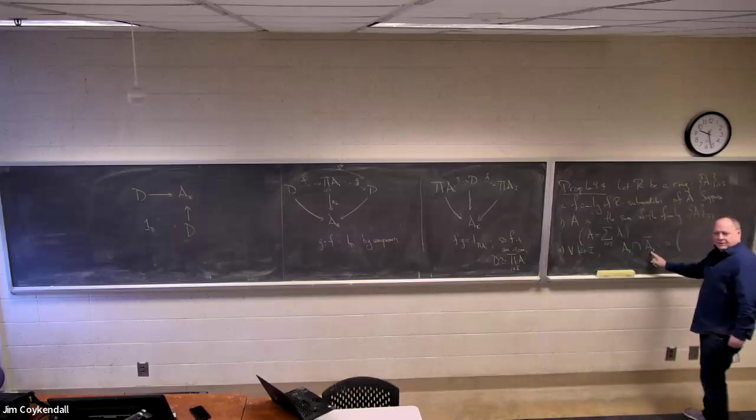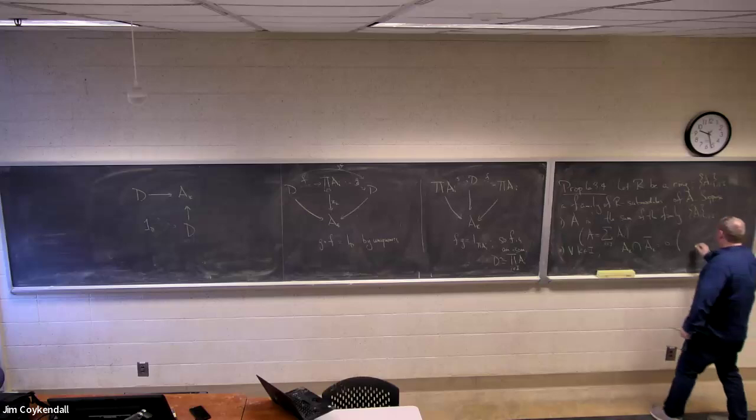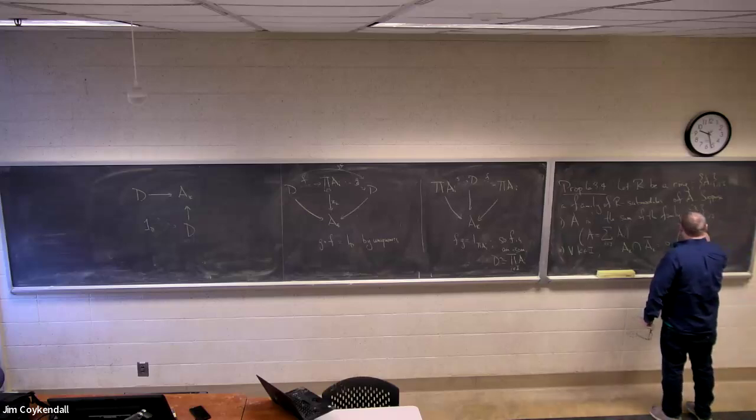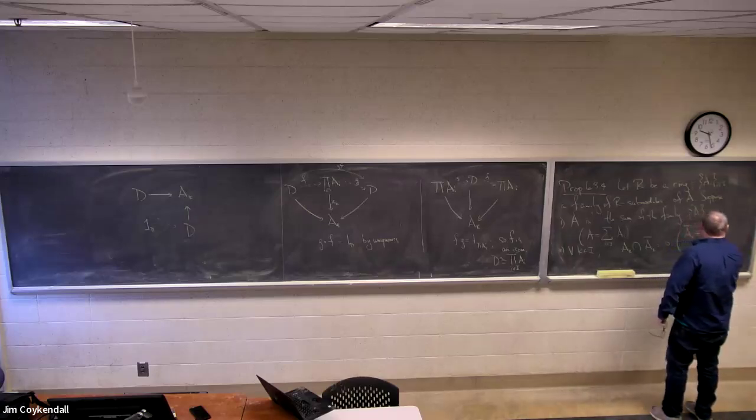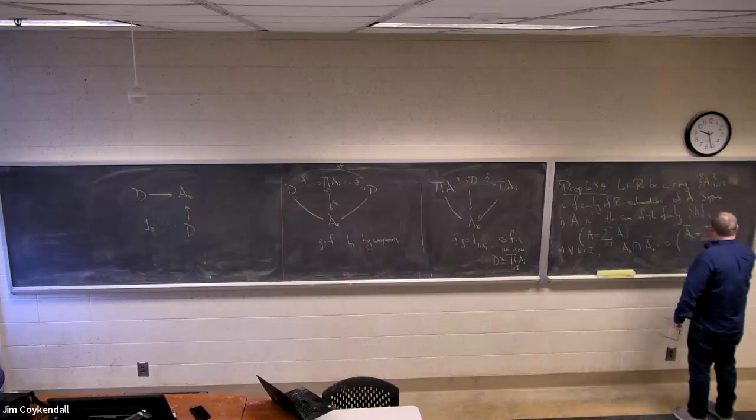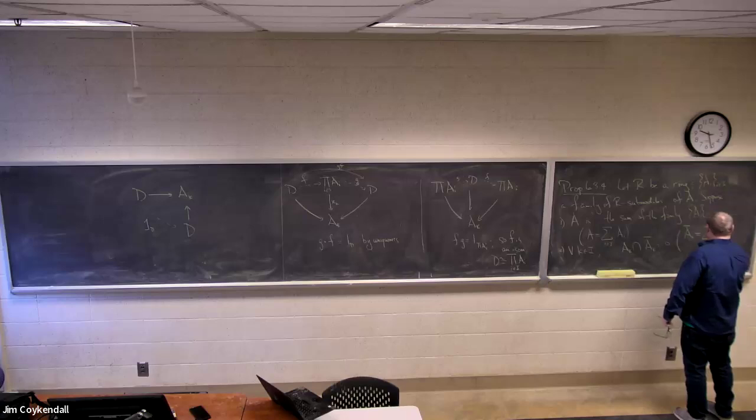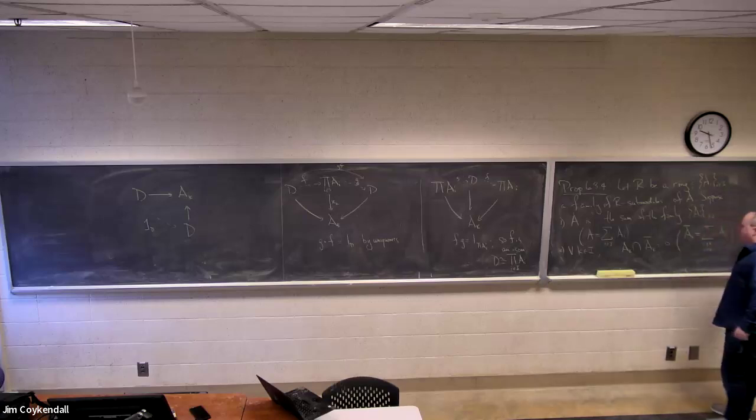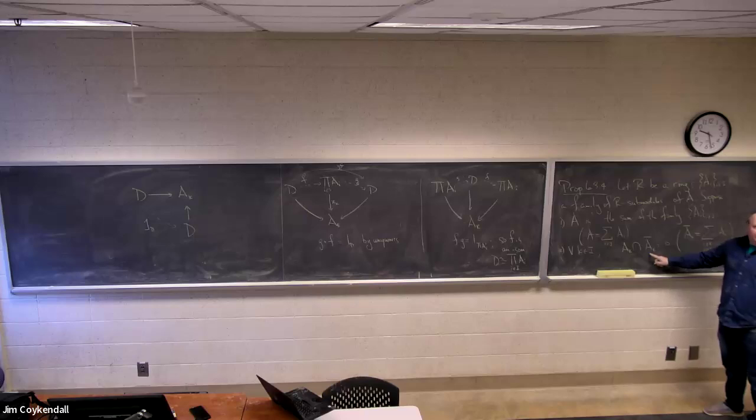And here, I'm going to have to say what I mean by A_k bar. A_k bar is the sum of the A_i, so this is what is generated by all the A_i that are not A_k, right?